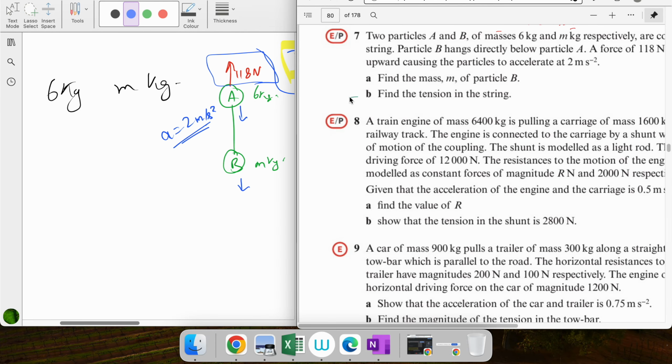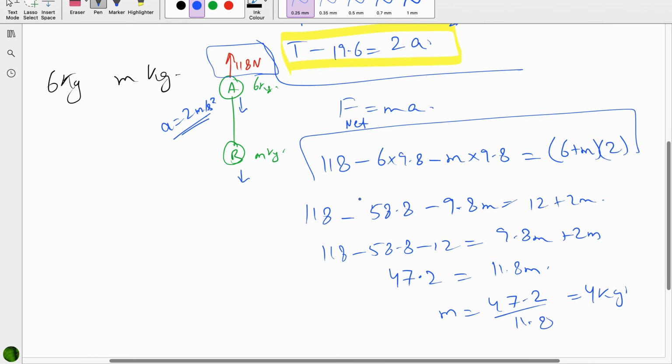B part says find the tension in the string. So again, we can consider any one body to solve for it. Suppose we consider body A as isolated. So for particle A, F equals ma, upward force is 118, and downward force in this case is the tension and weight of A, which is m into g.